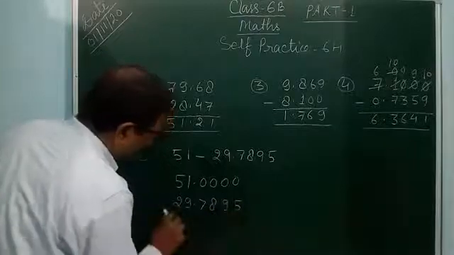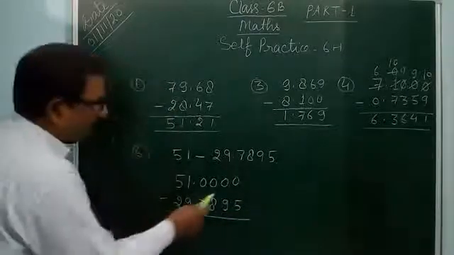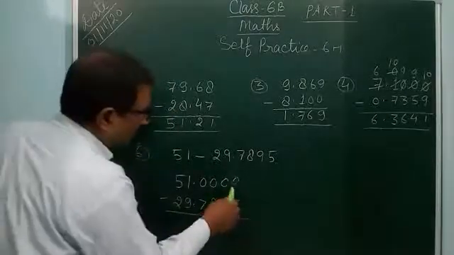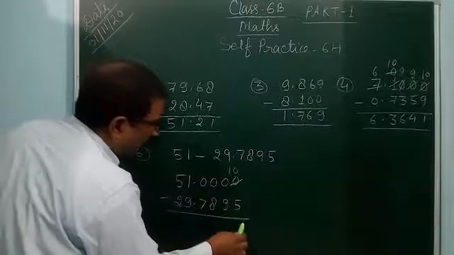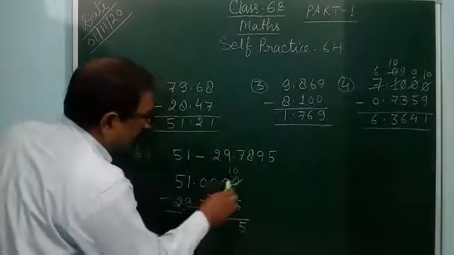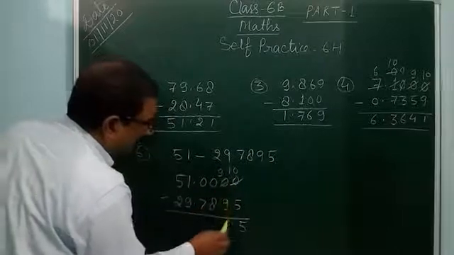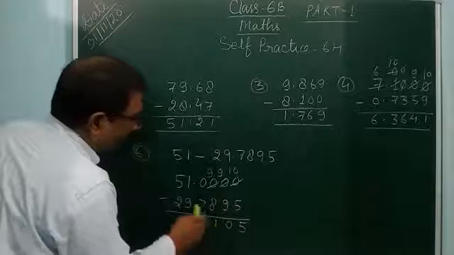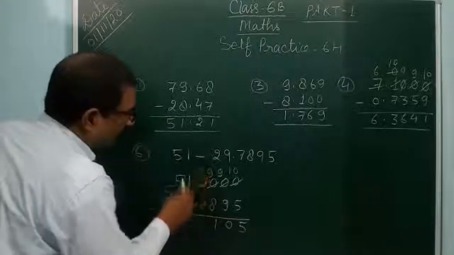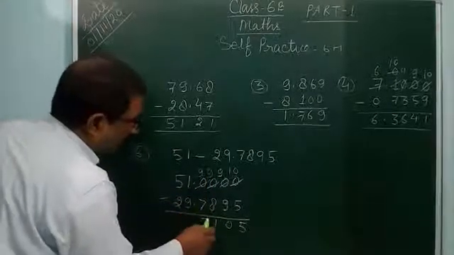After that, you can subtract. 0 minus 5 will not go, so it will be 10. 10 minus 5, 5. Here it will be 9. 9 minus 9, 0. Here also it will be 9. 9 minus 8, 1. Here also it will be 9. 9 minus 7, 2.